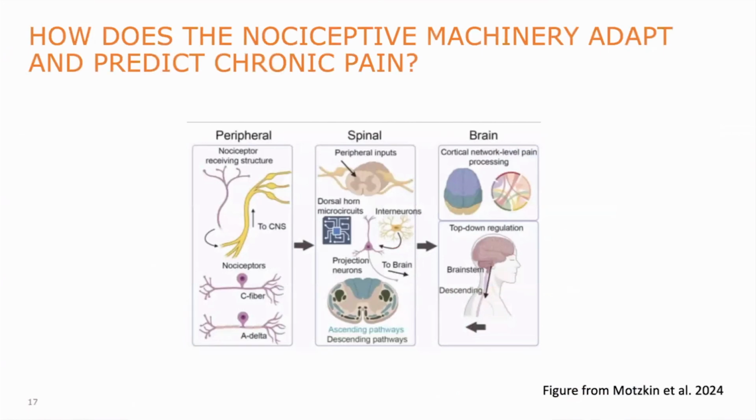Coming back to this overall viewpoint of the machinery of pain, there is reorganization across all three levels, right? In the periphery, in the spinal cord, and in the brain. The ongoing research in the field relates to which part of this machinery is more important in which states, where treatment should be targeted, and which would be more efficacious.